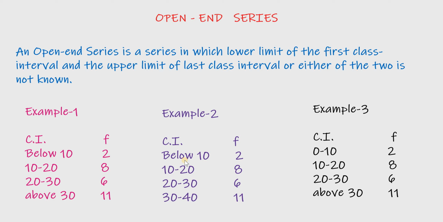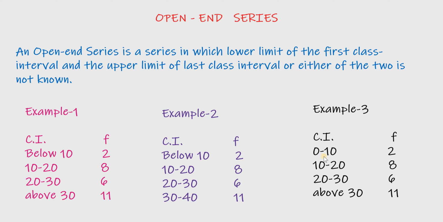In the next example you will see that the lower limit of the first class interval is missing, and yes, the upper limit of the last class interval is given. So this is also an open-end series because one end is open.